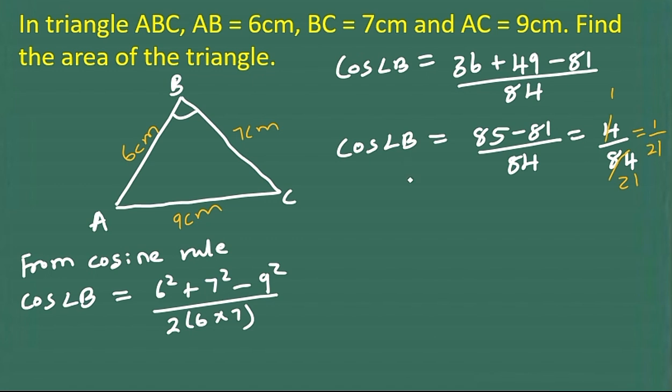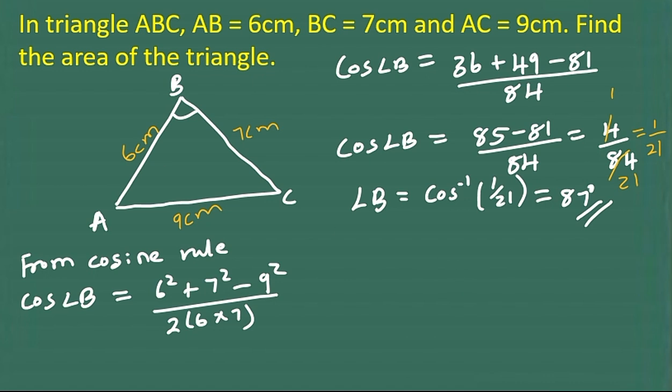So solving for angle B, we take cos inverse of 1 over 21. If you punch this in your calculator, you are going to have the angle to be 87 degrees to the nearest degree, which is what we are going to consider.